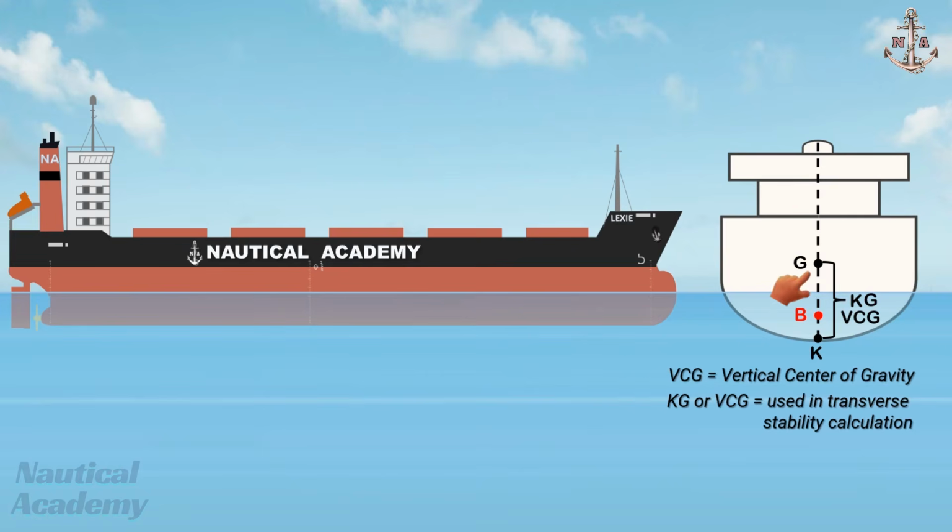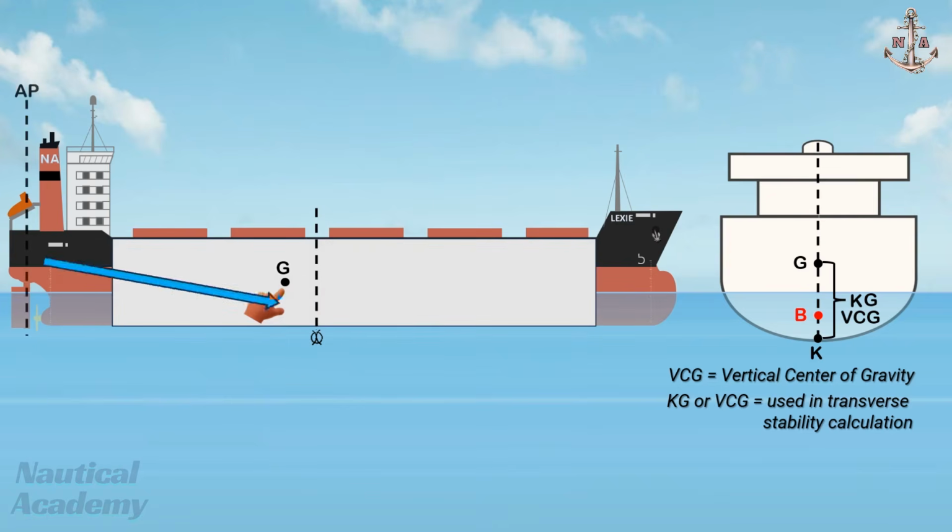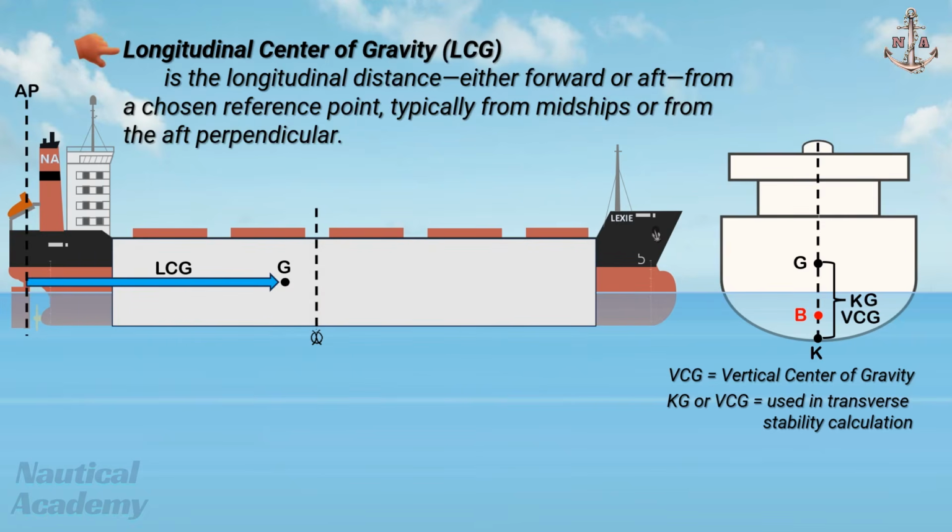On the other hand, the longitudinal distance of the ship's center of gravity, forward or aft, from a chosen reference point, often from midships, or from aft perpendicular, is called LCG, longitudinal center of gravity. LCG is used in trim calculations. So when we refer to the ship's kg and LCG, we are talking about the same center of gravity, just measured in different directions. kg is measured vertically, while LCG is measured longitudinally.